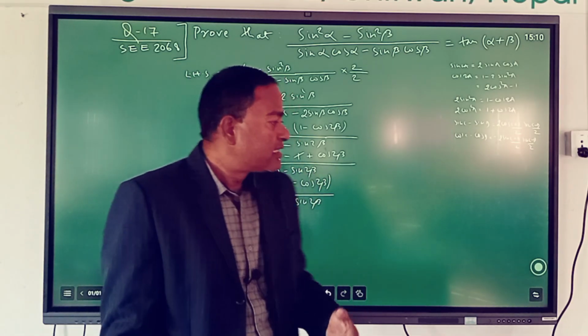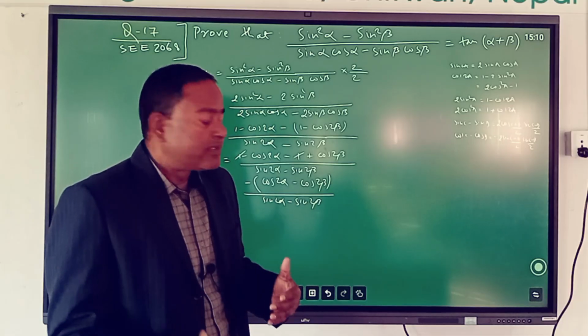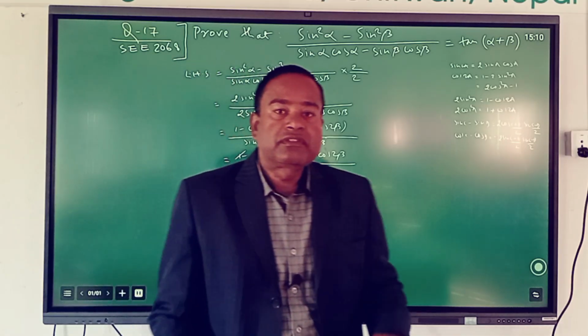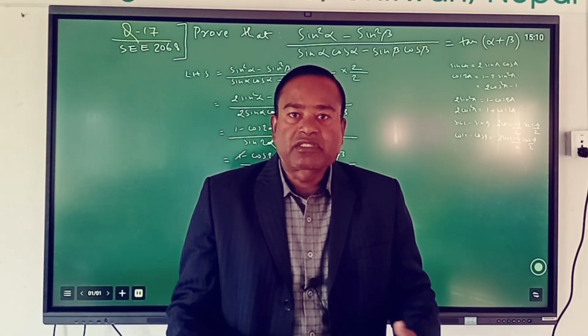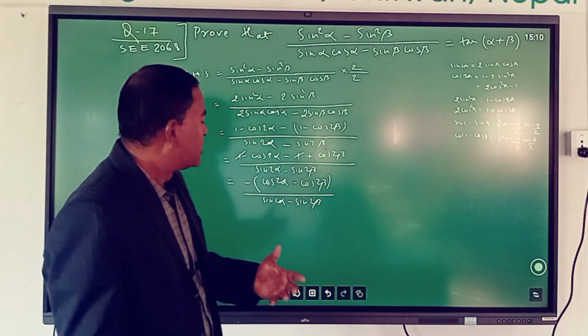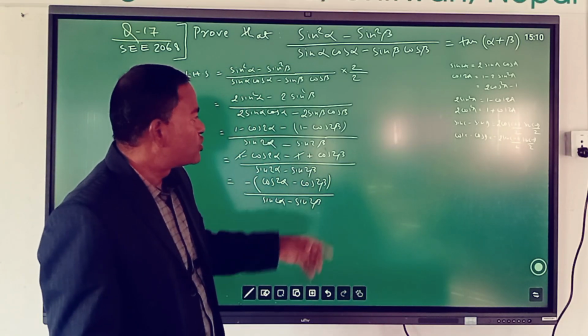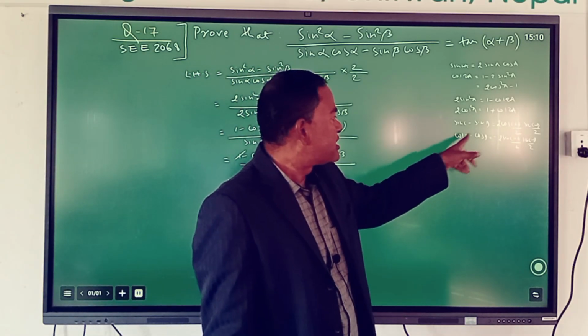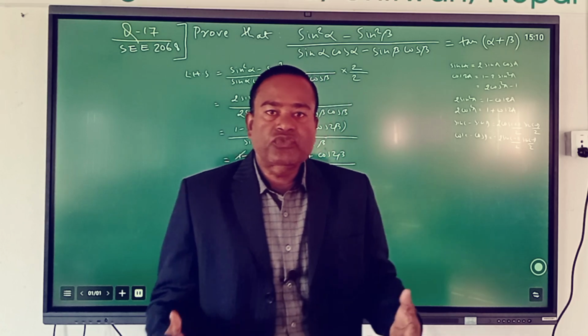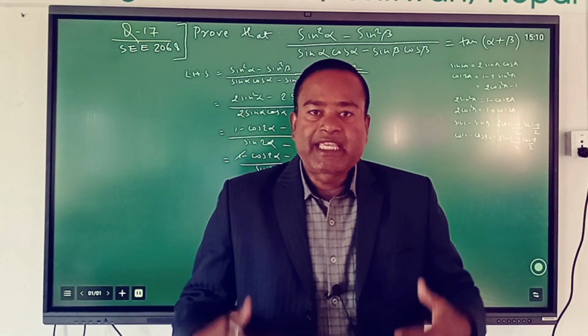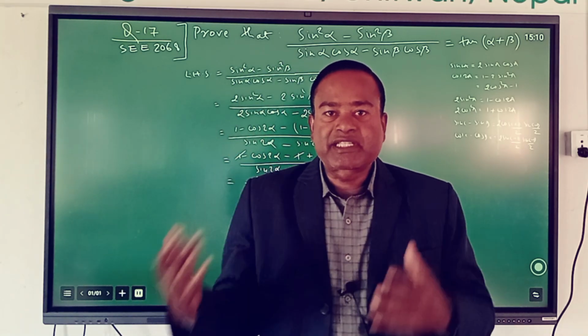So dear students, now in the next step we are going to use the formula of the transformation of trigonometric formula. So cos 2 alpha minus cos 2 beta. We know that cos C minus cos D. So cos 2 alpha minus cos 2 beta is in the form of cos C minus cos D.